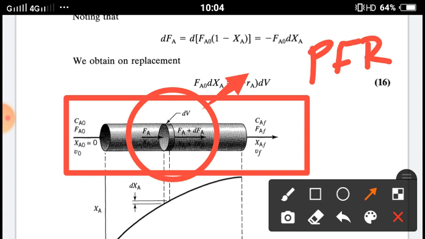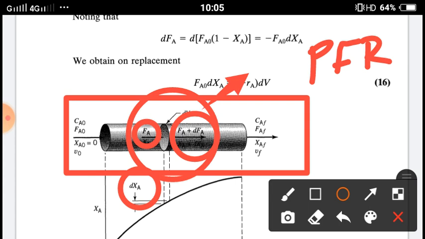Over here the inlet flow of material is FA, and the outlet flow is FA plus dFA, and the change which occurs in the form of conversion is dXA. The entire inlet flow has concentration CA0 with zero conversion, and in the end when the material goes out, the final concentration of A is CAF and the final conversion is XAF. The volumetric flow rate is also vF.